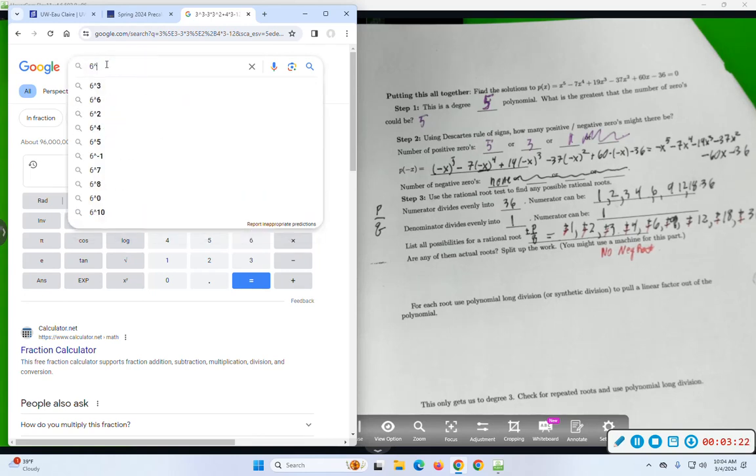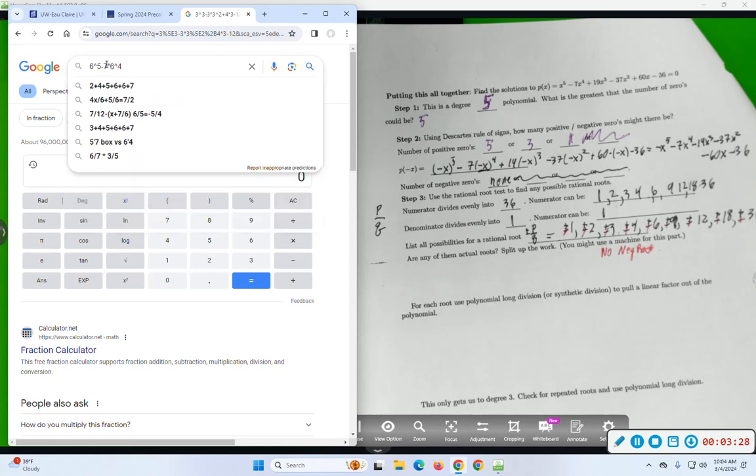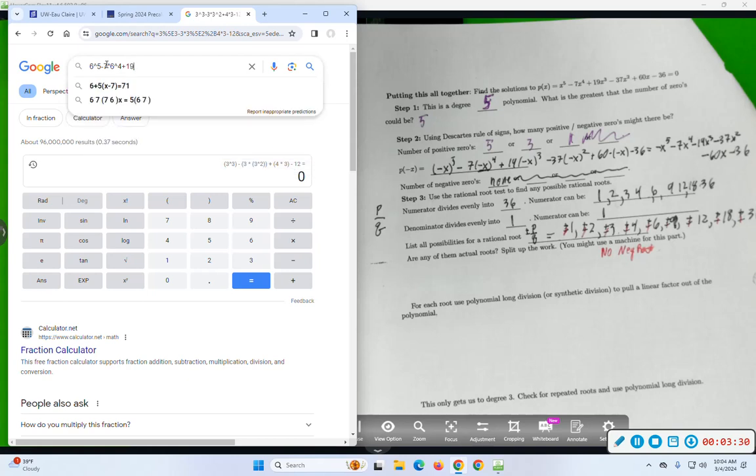So that'll give me 6 raised to the 5th power, minus 7 times 6 raised to the 4th power, plus 19 times 6 to the 3rd power, minus 37 times 6 squared, plus 60 times 6, minus 36.